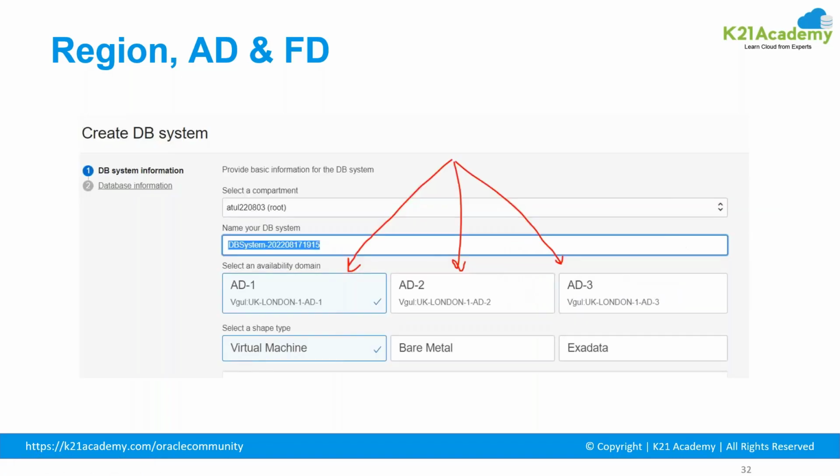Then comes availability domain. When you're creating a machine, it could be a database machine, a virtual machine, any device that you create, they go inside an availability domain. So you can deploy it in either availability domain 1, 2, or 3. So this is availability domain AD1, 2, 3.